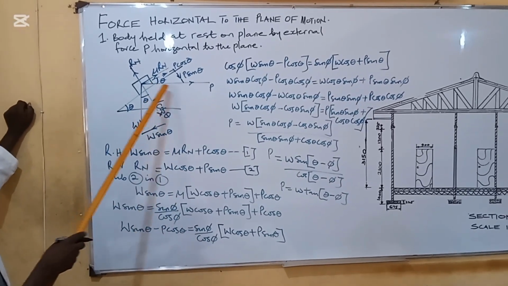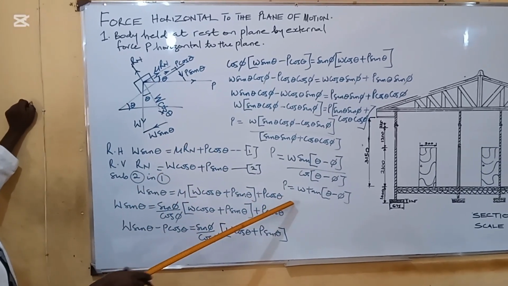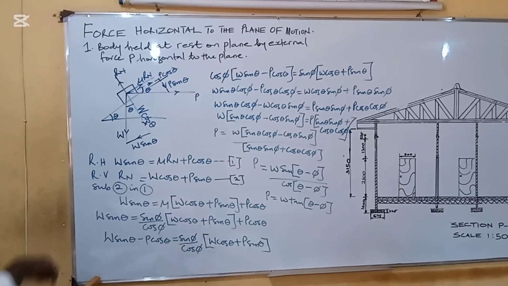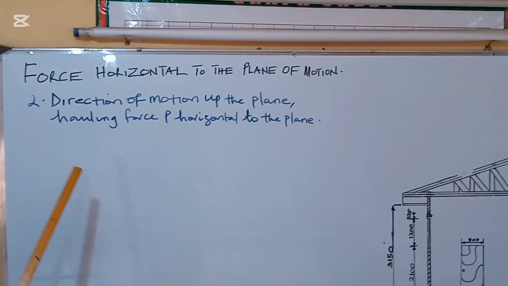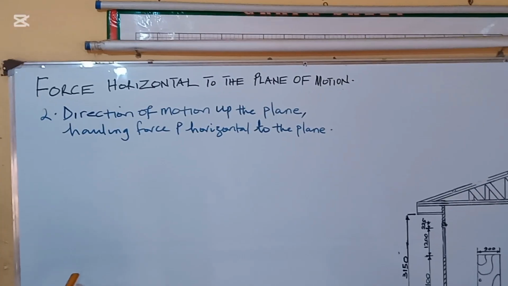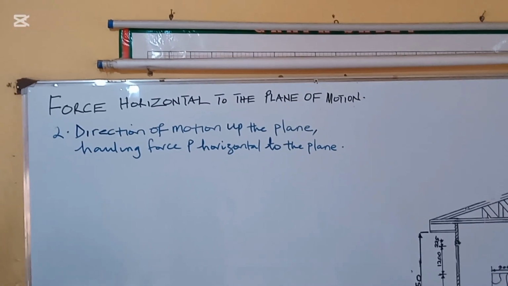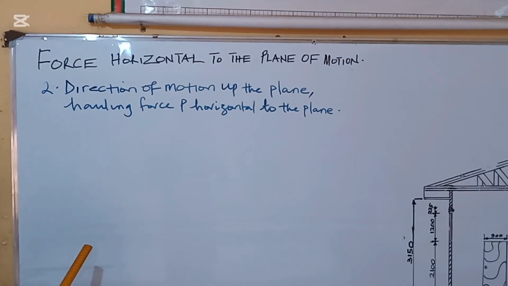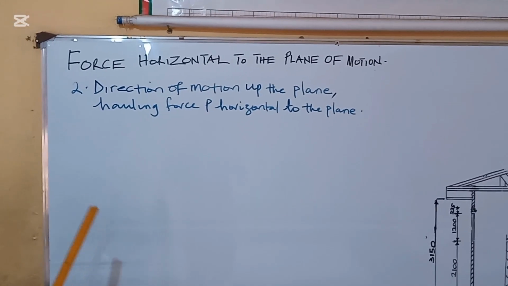And the horizontal force P required will be P is equal to W tangent theta minus phi. To show that the horizontal force required to hold a body up a plane is given by P is equal to W tangent theta minus phi.